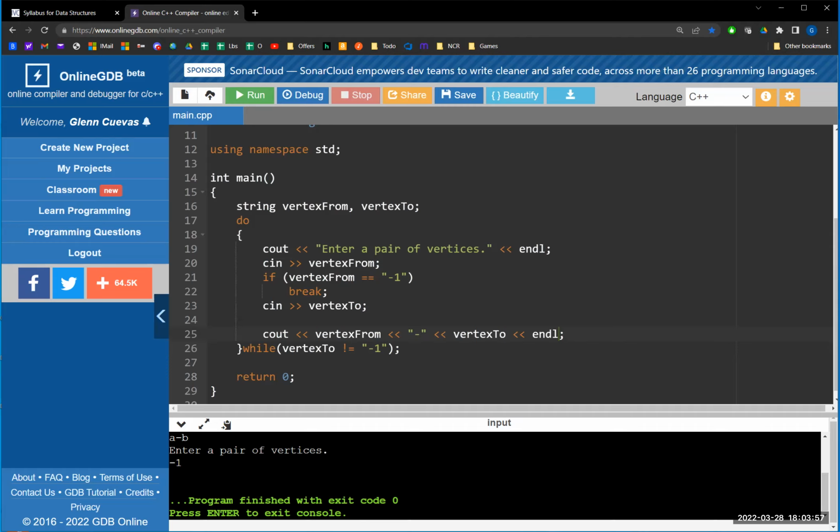Different languages have different ways of dealing with strings. Strings and string manipulation is definitely something you want to study up on in whatever your primary programming language is going to be, because it's a very, very commonly done operation.